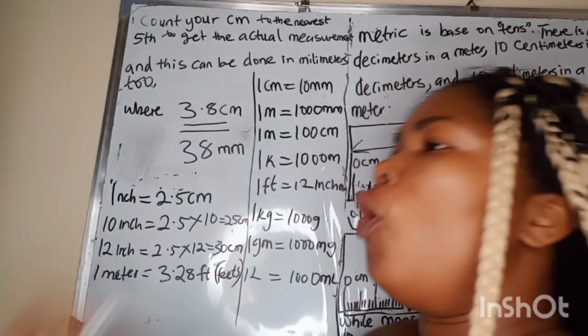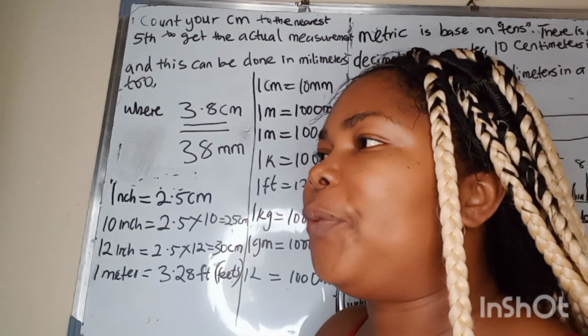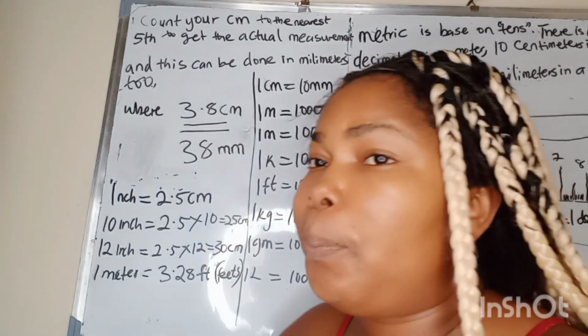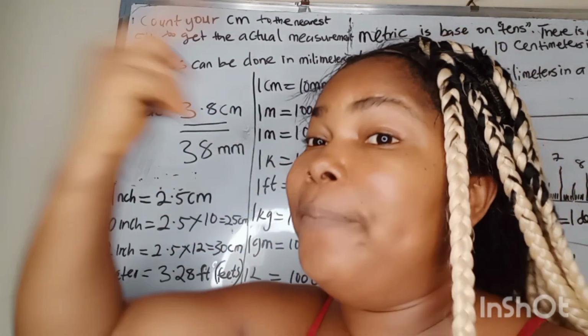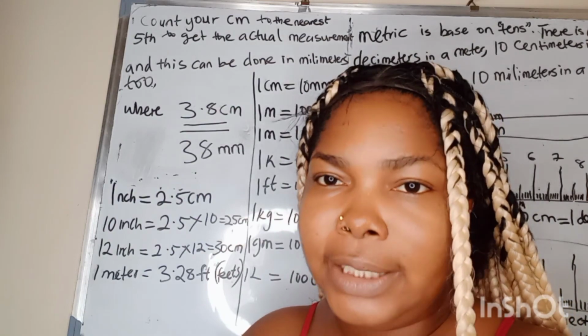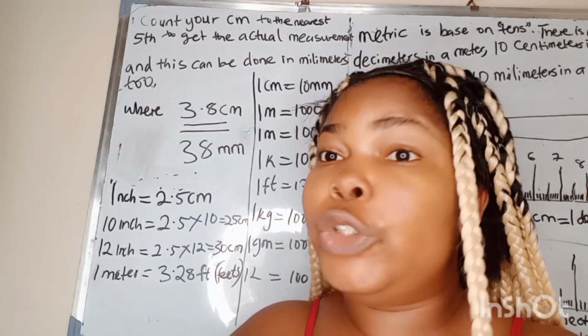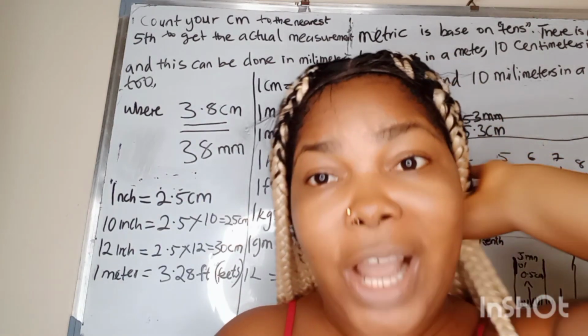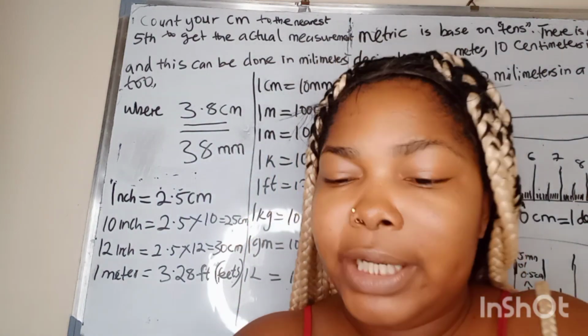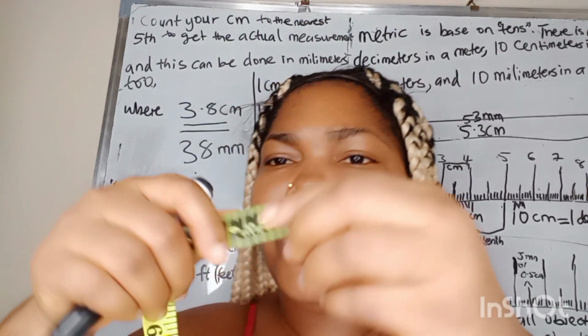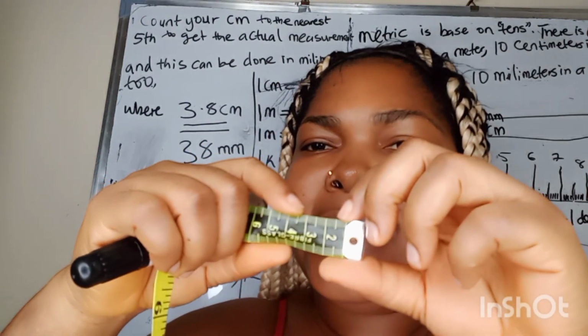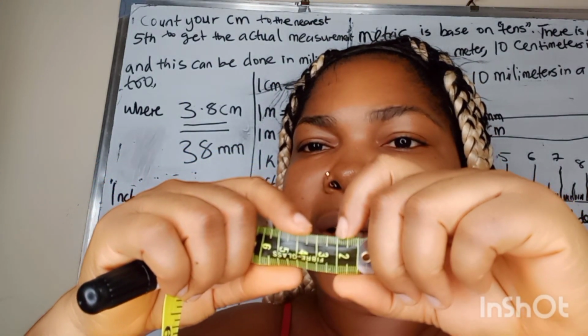So for you to have 1 inch on the imperial side of the tape rule, you must measure 2.5 centimeters on the metric side of the tape rule. You can see there's not even up to 5 centimeters. It's just 2.5 that makes 1 inch. And what does that mean? Let me show you. This is 2 centimeters, right?